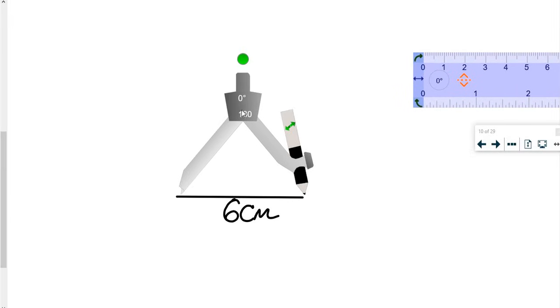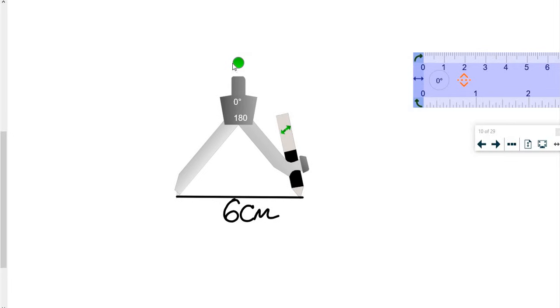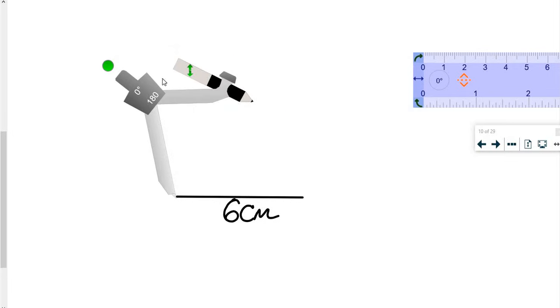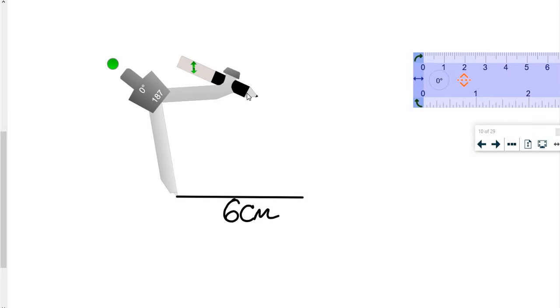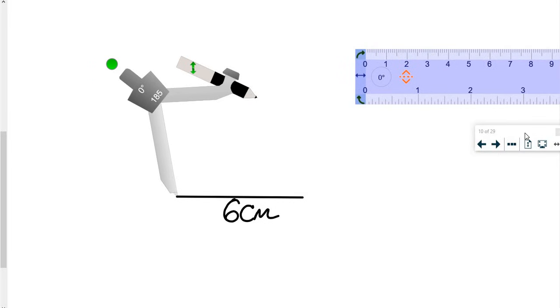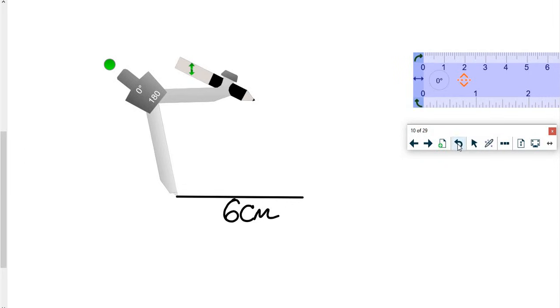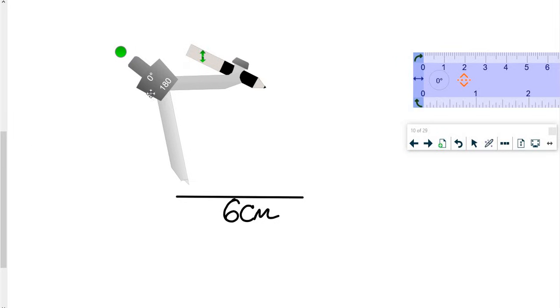position the needle of the compass at this point here, and then go ahead drawing something we call an arc. So we need to draw an arc from here.